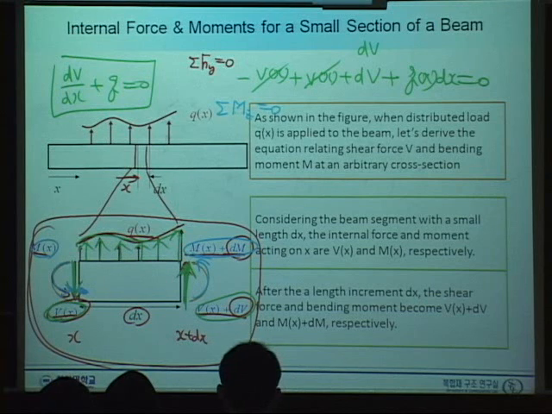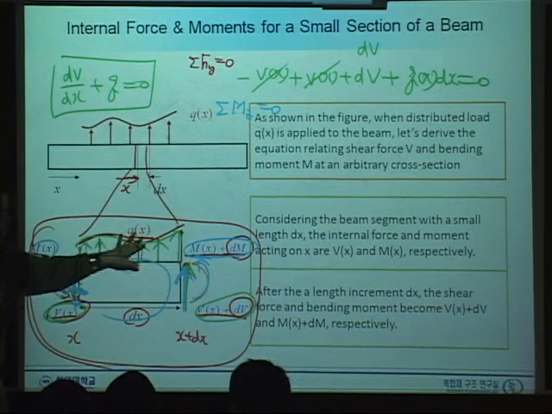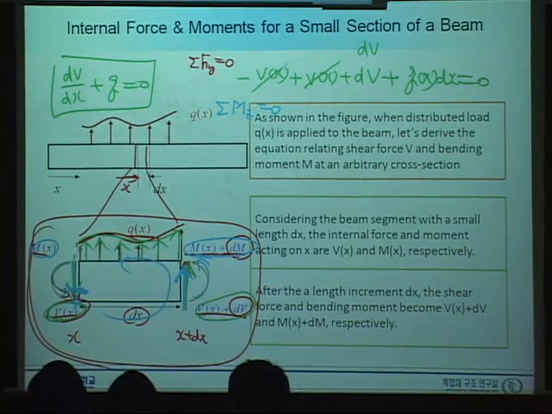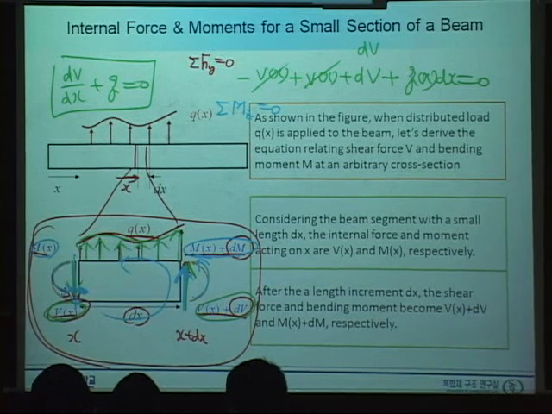Then this shear force will cause a bending moment, right? And this shear force will just go through this point, so there won't be any moment. And how about this distributed load? Well, there seems to be some moment. Let's list them with respect to this point.